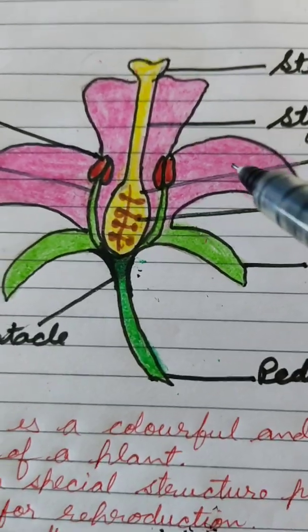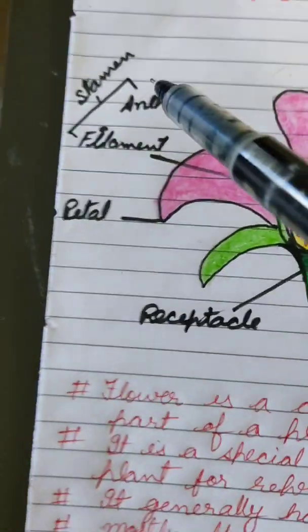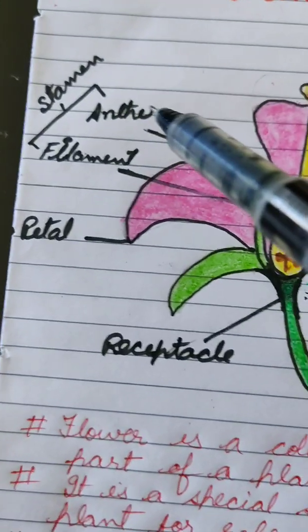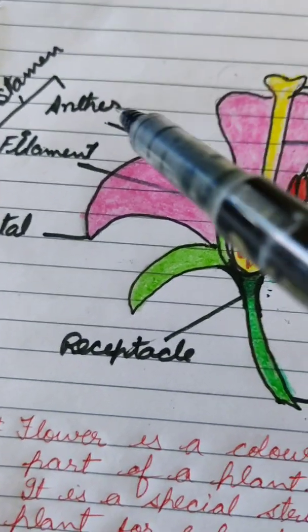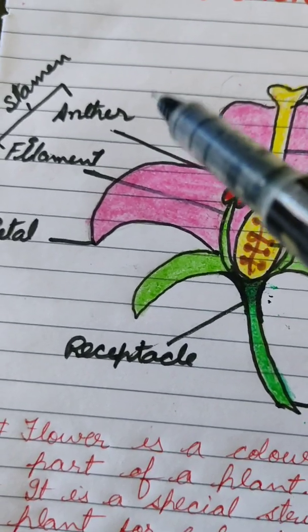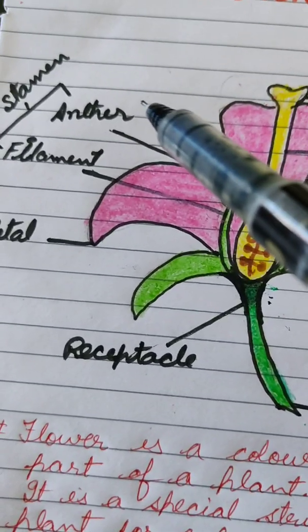And the third whorl of the flower is the stamen. It is the male reproductive part of a plant. The stamen is the pollen-producing male reproductive organ of a flower.